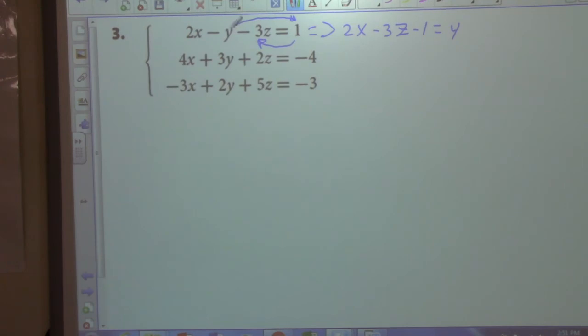So this negative y over on the other side of the equal sign becomes positive y. And this positive 1 going to the other side gets to be minus 1. Thank you, Jose.